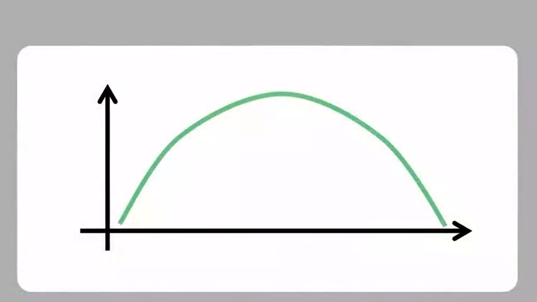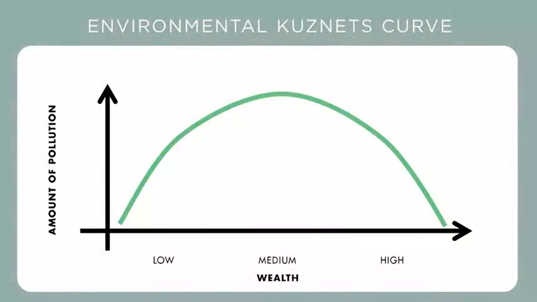This is sometimes described as an environmental Kuznets curve. In this case, the hypothesis is that as countries get wealthier, they move through a transition. When they begin, when they're poor, little pollutants are made, and then as they grow richer, more and more pollution is created. But then past a certain threshold point, the amount of pollutants actually decreases.